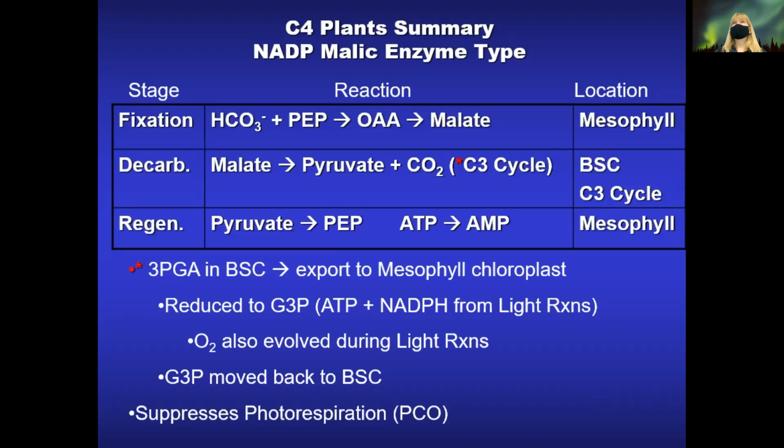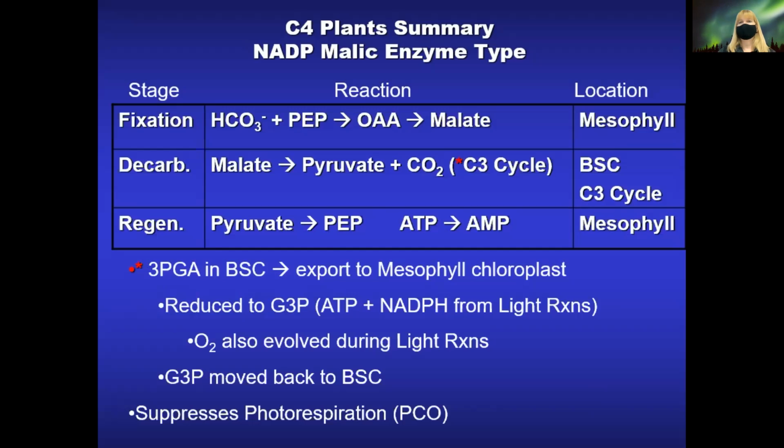So C4 plants not only have this amazing C4 cycle that they've tacked on to the C3 cycle, they've also split where the C3 cycle happens to further reduce the option of Rubisco seeing too much oxygen. And so that means the PCO cycle will be suppressed. And the C4 plants are amazing at suppressing the PCO cycle, making sure that Rubisco is seeing way more CO2 than oxygen.